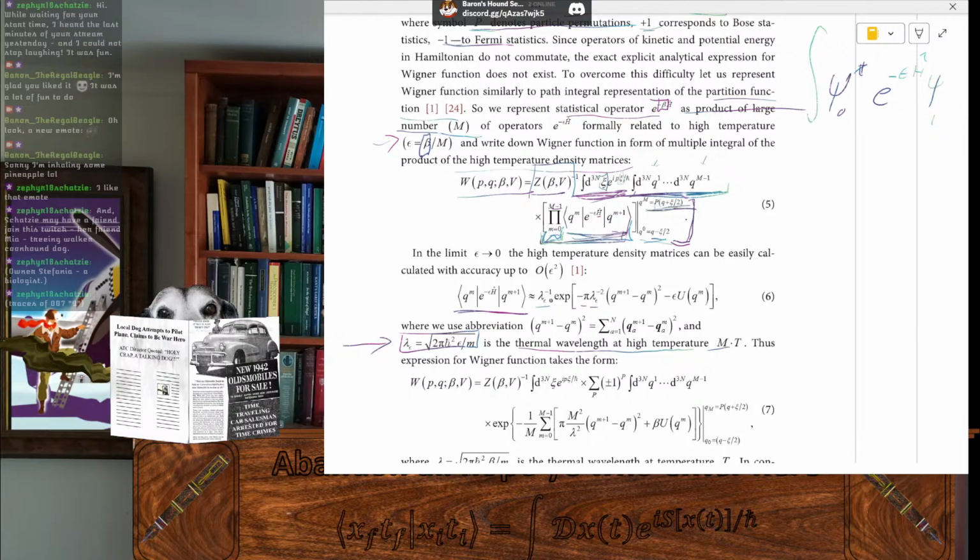There's our lambda again, so lambda is just this constant. Q is the momentum of particle m plus 1 minus the momentum of particle m, squared, right? Minus epsilon. So again, epsilon is approaching 0. Interesting. So does that mean this part is approaching 0?